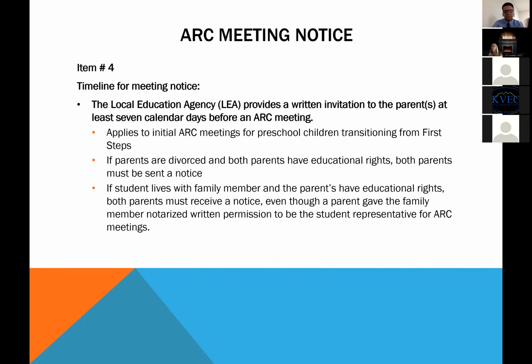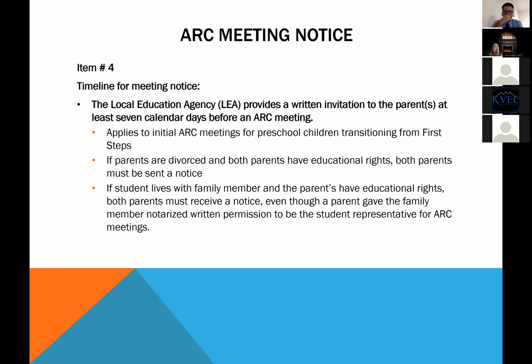So when you're looking for your local education agency, which is you, the school district, they have to provide a written notice to the parents at least 7 calendar days before the ARC meeting. So this is how we do it. We look at the date that you sent the notice out, and we look at the date that you've got scheduled for your meeting.